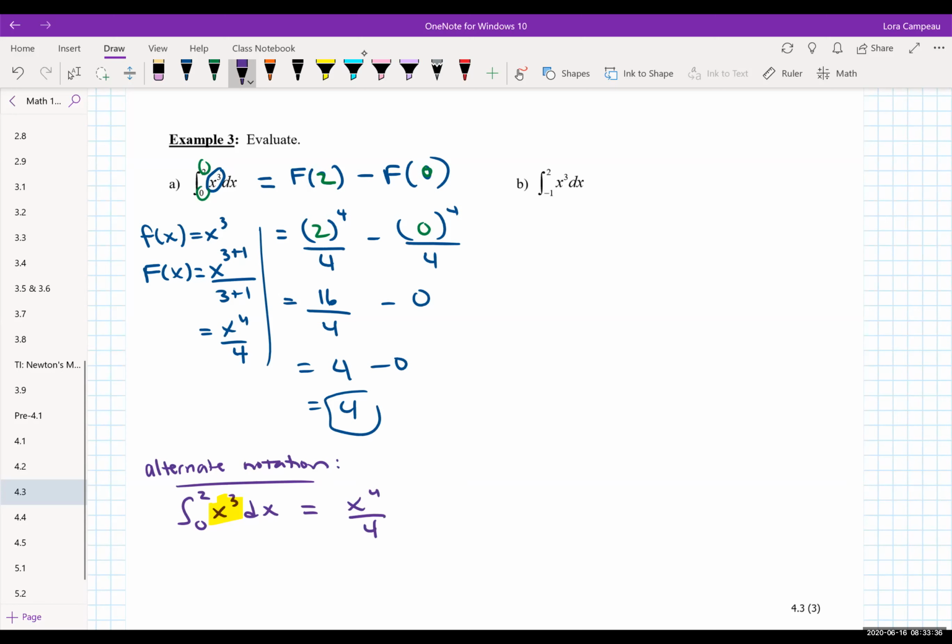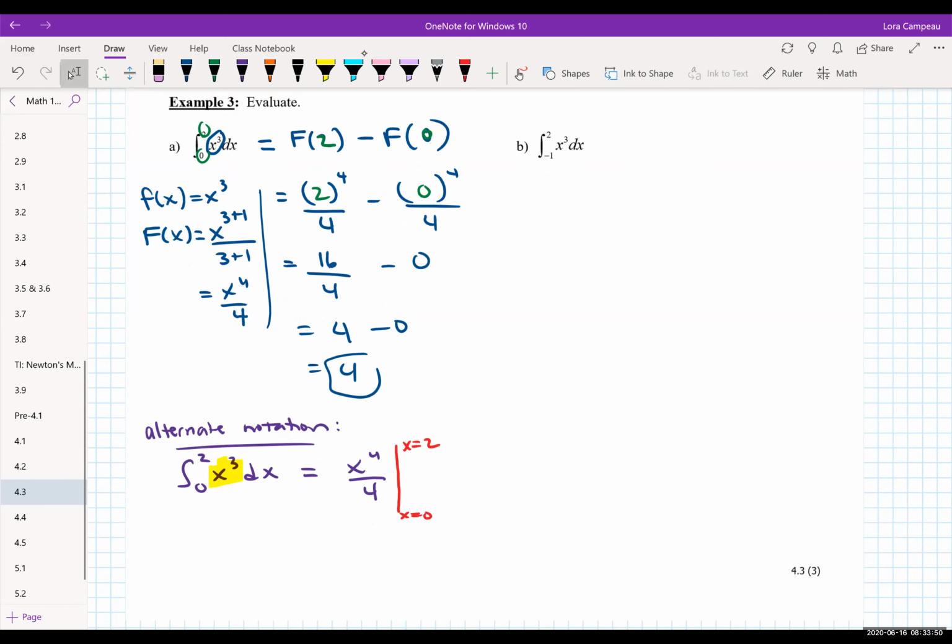And now what we notate is that it's evaluated from x equals 0 to x equals 2. A lot of times people won't even write that. They will use a new notation where you already know you're plugging in x's, so they will just say 0 to 2.